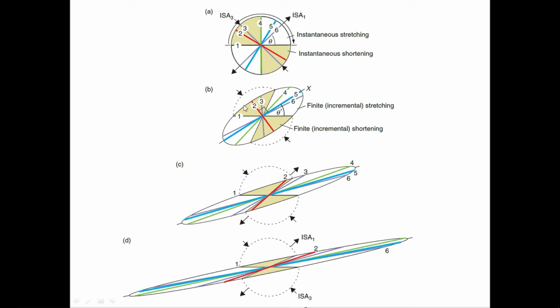As you can see, gradually this circle is becoming deformed because of the applied stress. It is gaining strain. Moreover, it is rotating, so it is a non-coaxial deformation, because the axes are rotating. As you can see here, the positions of these axes are rotating.